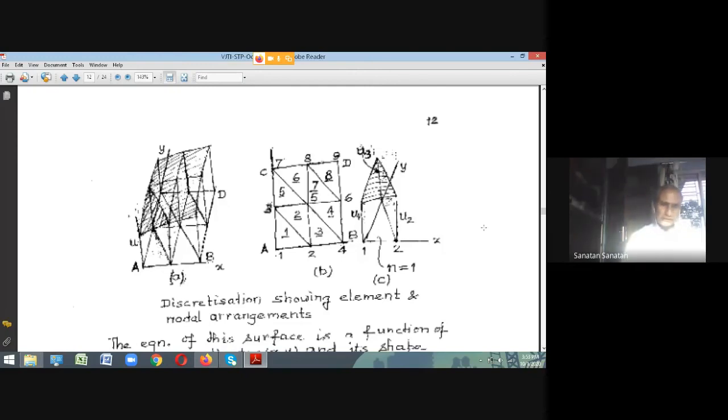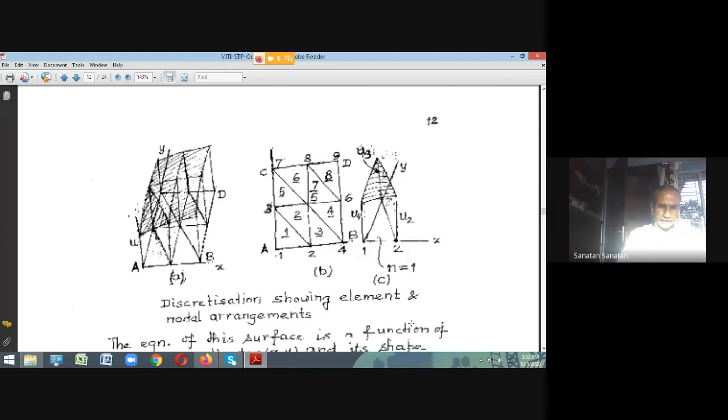But then this surface, if we try to just consider a portion of the surface above a single element, we have divided into 8 elements, and if we just try to consider an element which is at the bottom left hand corner, that element is vertex A or node 1, then node 2, node 3.